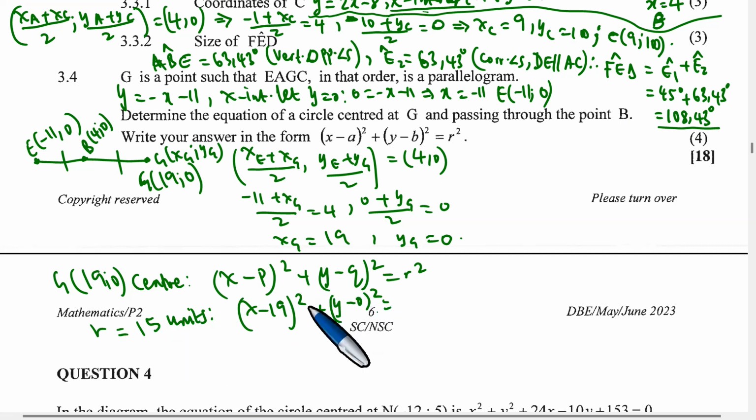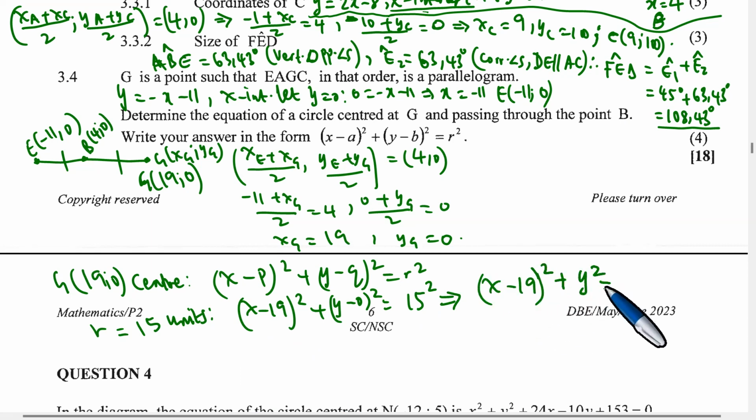The radius is 15 all squared. And this is x minus 19 all squared plus y squared equals 15 squared. So that is the answer.